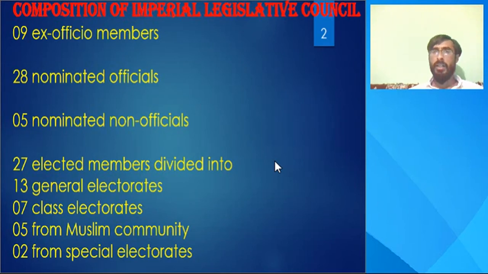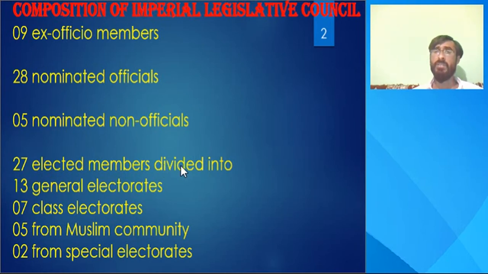In the category of non-officials, there were 32 members. Out of these 32 members, 5 were nominated non-officials, and the rest of 27 members were elected.